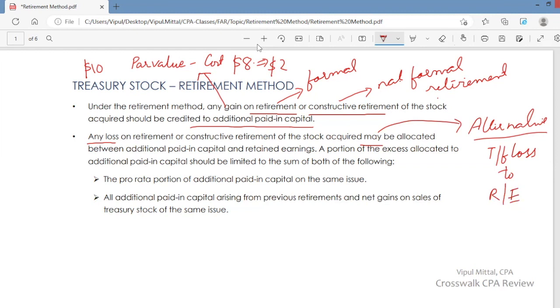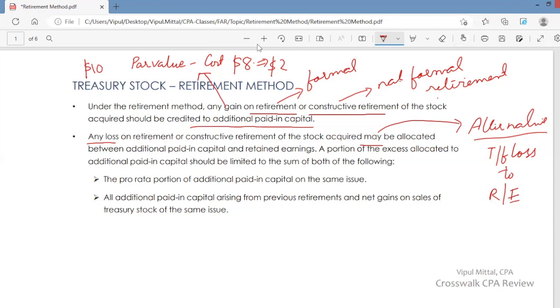In other words, there is a limit on the additional paid-in capital that can be used to absorb that loss. And what is that limit?